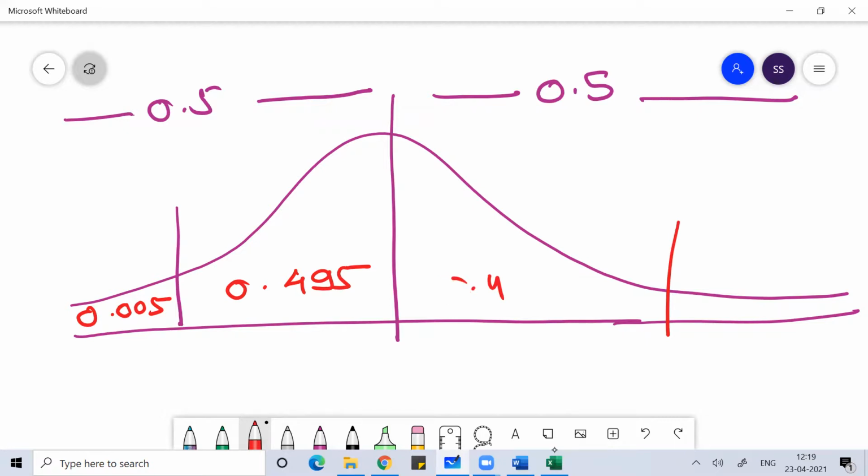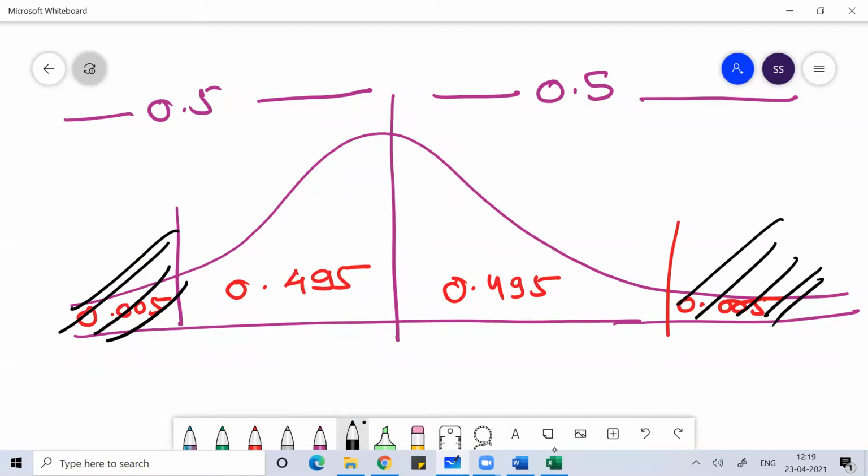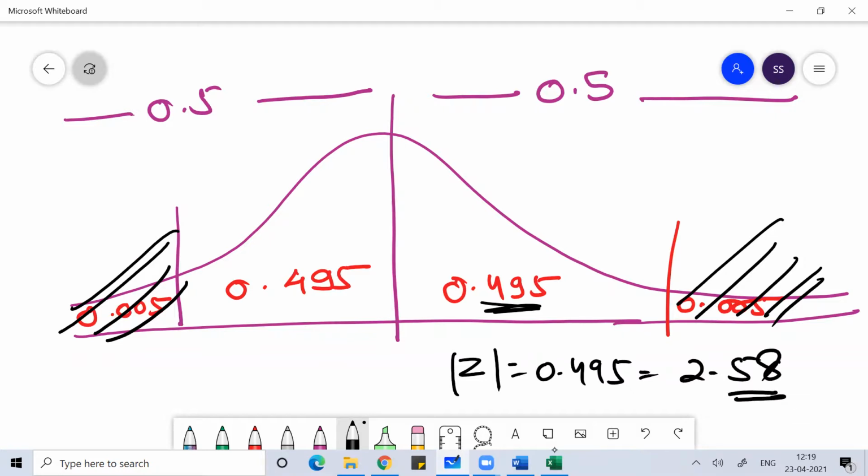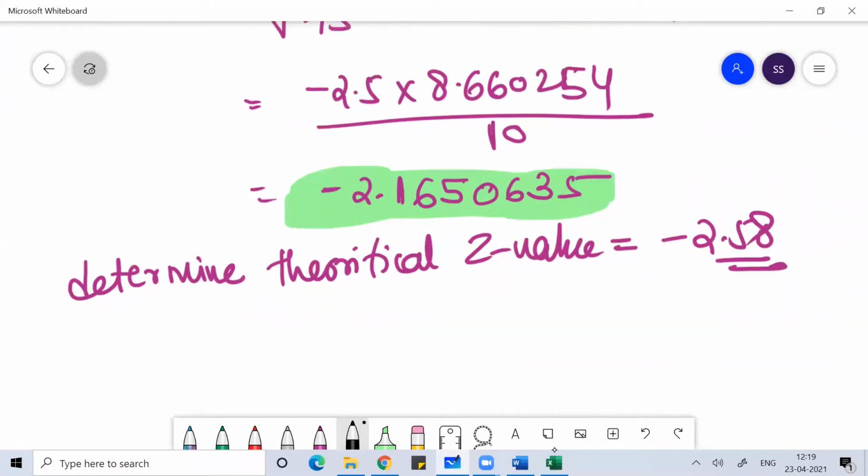So the Z value corresponding to 0.495 under the normal distribution table was 2.58. So 2.58 is the theoretical Z value, and 2.165 is your calculated Z value.